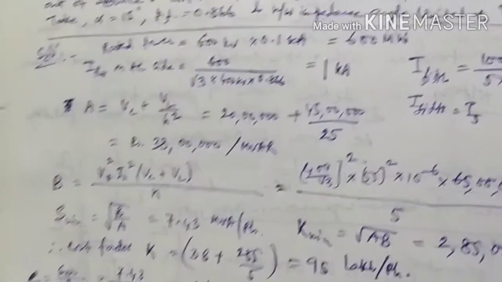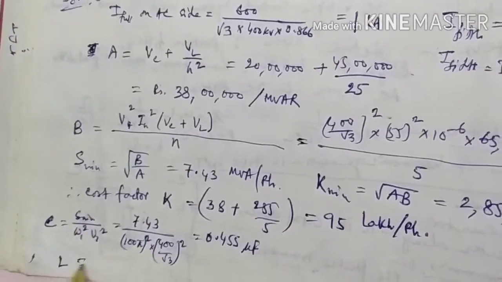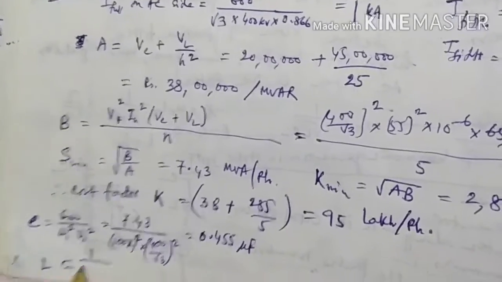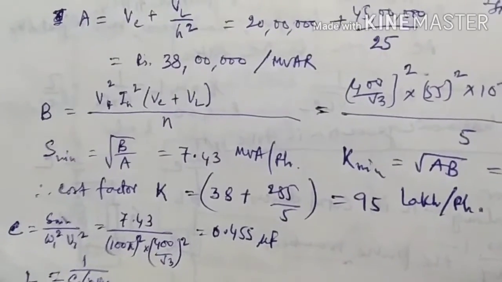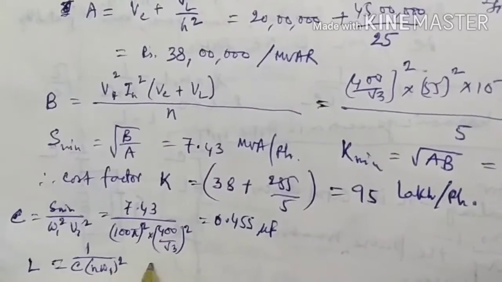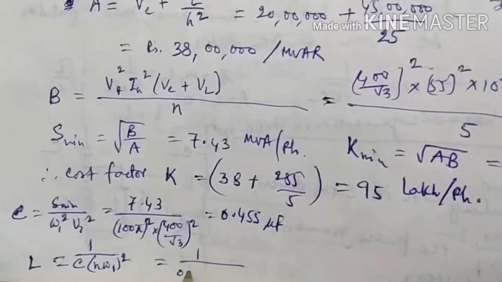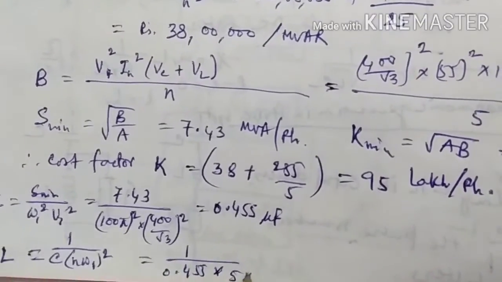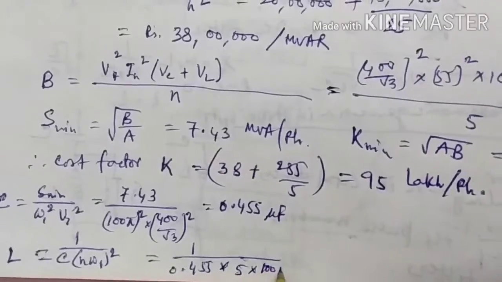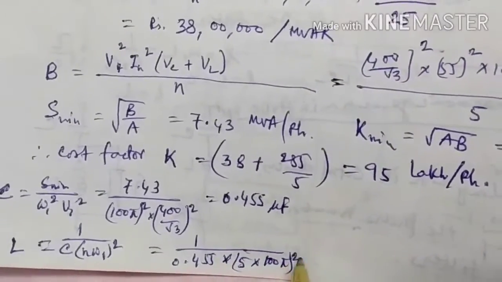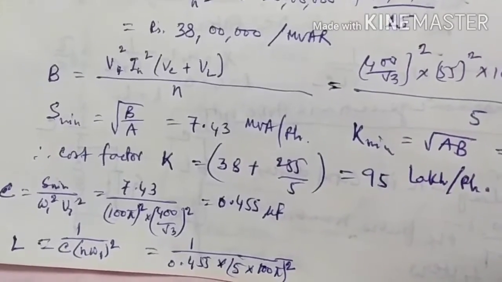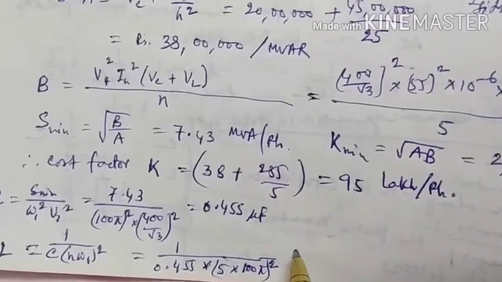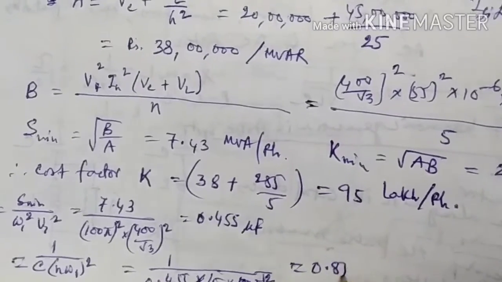L will be equal to 1 by C n omega 1 square, that is 1 by 0.455 into 5 into 100 pi whole square. So that will be equal to 0.877 Henry.